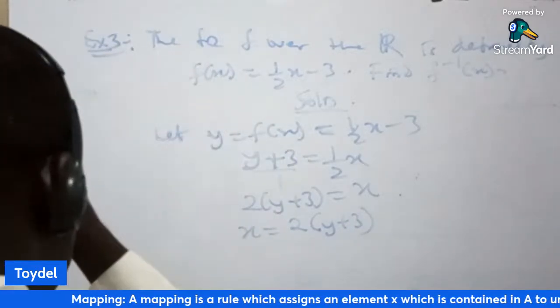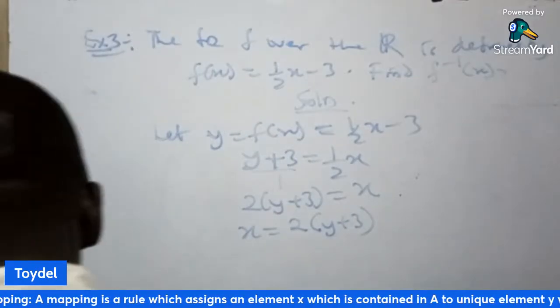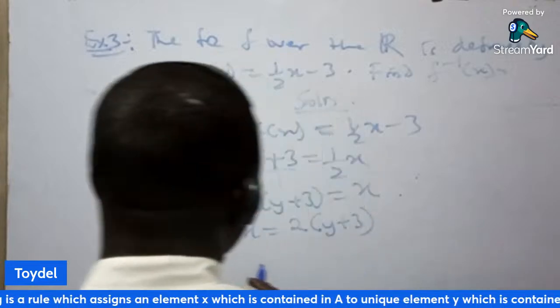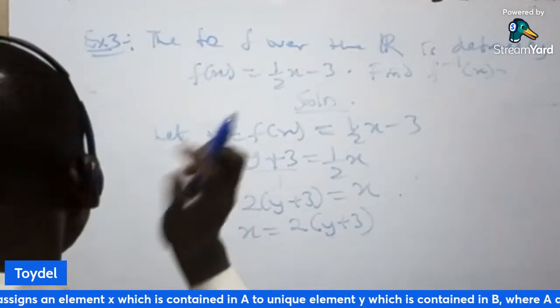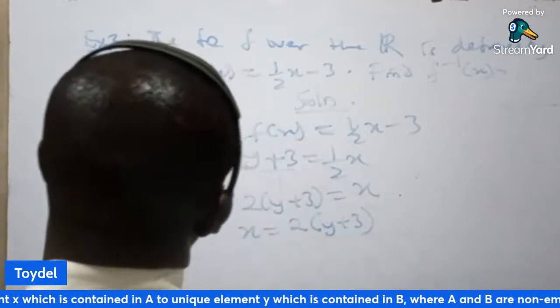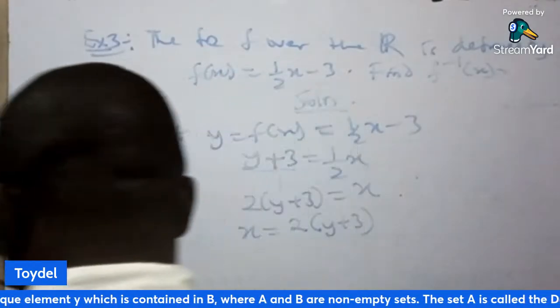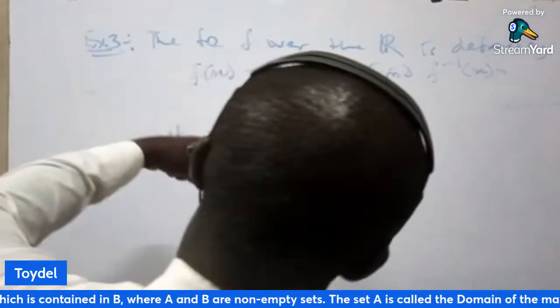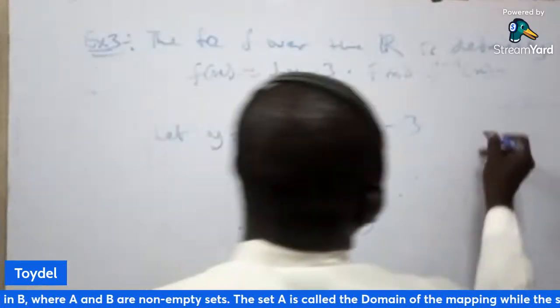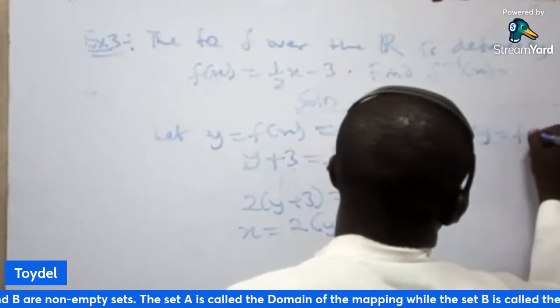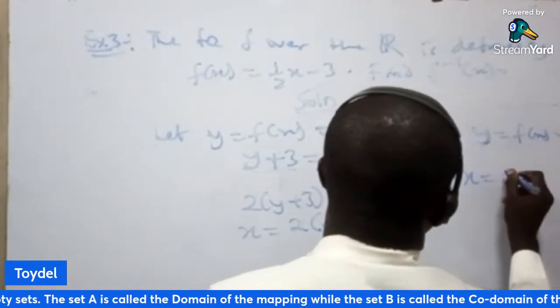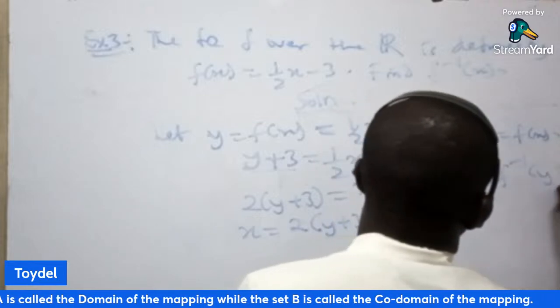Then of course, x. So in this case now, if y is a function of x, then x will be the inverse function of y.